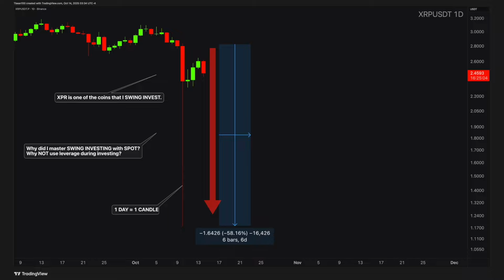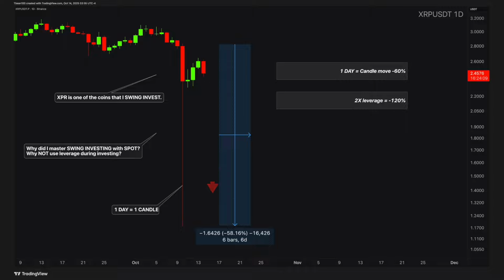On that particular day, which most of you probably remember, the price of this coin dropped by 60% in a single day. Now imagine you were using only 2x leverage, which is supposed to be the safest type of leverage out there. Even then, your total loss will be more than 100%.